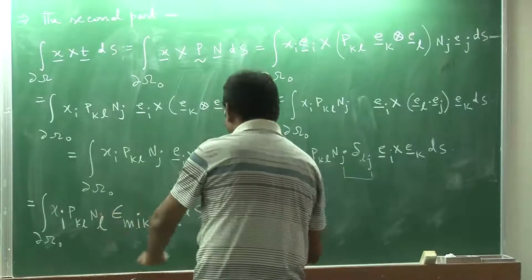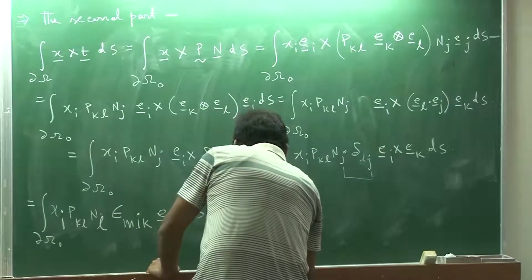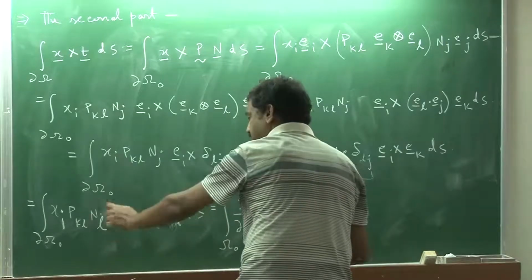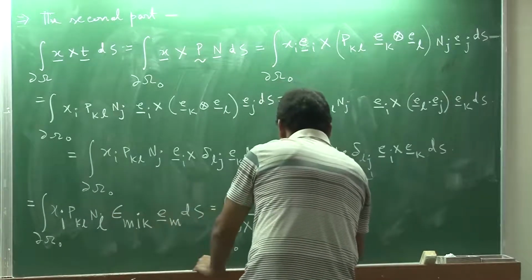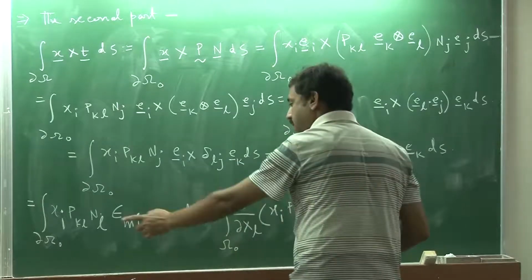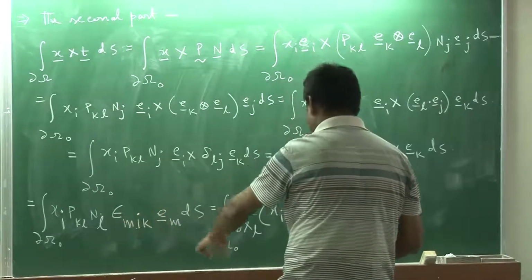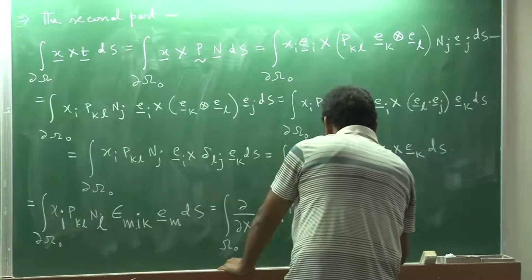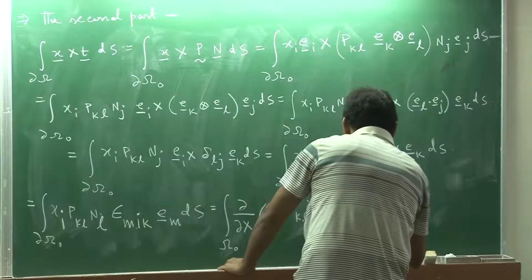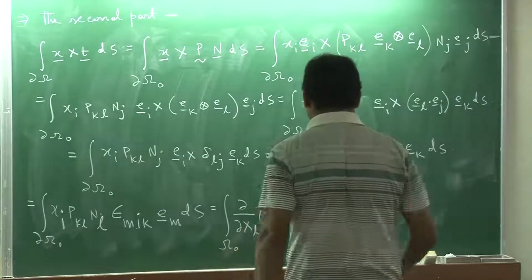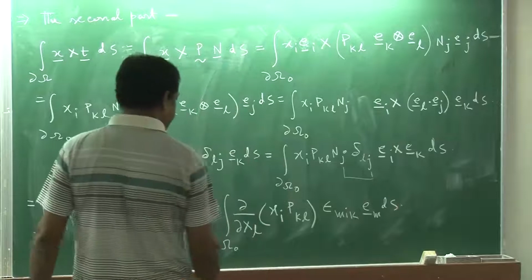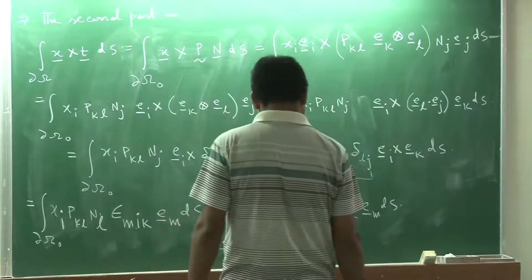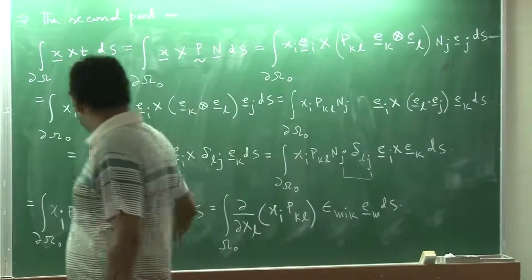So, this will be with respect to capital X_L, please note that, and this is the whole integrand x_i, K_L, epsilon_mik, m ds. Am I right? This is perfectly fine. Okay, so that is okay.